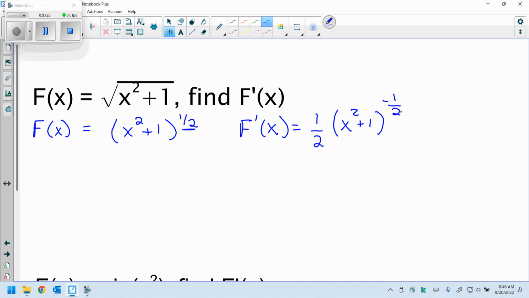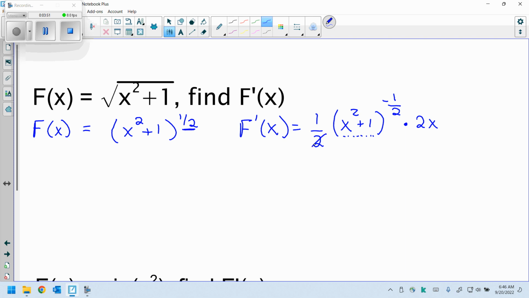Now we've taken the derivative with respect to what's outside the parentheses. Used the power rule. Now let's multiply by the derivative of what's inside the parentheses. And the derivative of what's inside is 2x. Now, other than cleaning things up, we're done.